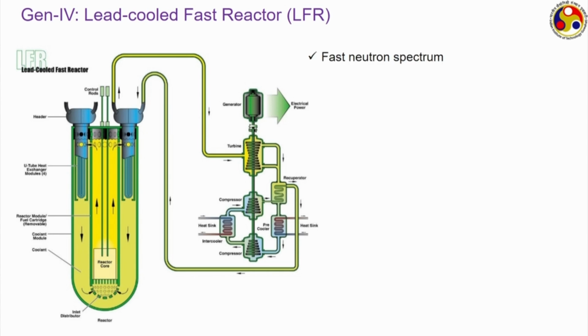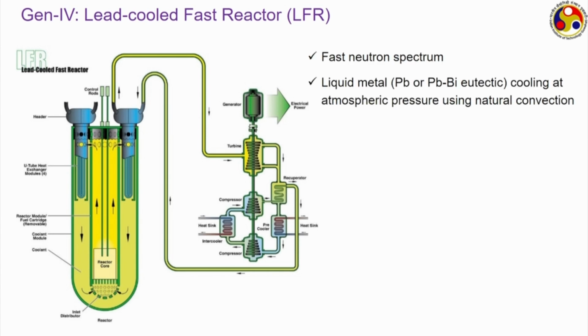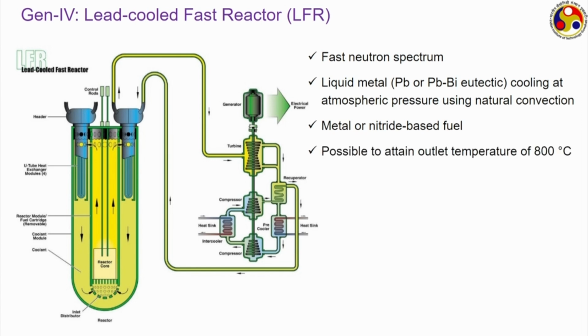The second concept is lead cooled fast reactor. Again, it is a fast reactor where we use some kind of liquid metal, liquid lead or lead bismuth eutectic mixture as the coolant. It works under atmospheric pressure and makes big use of the natural convection. Then metal fuel or nitride based fuels are commonly used, and it can also go up to high temperature, something like 800 degrees Celsius.